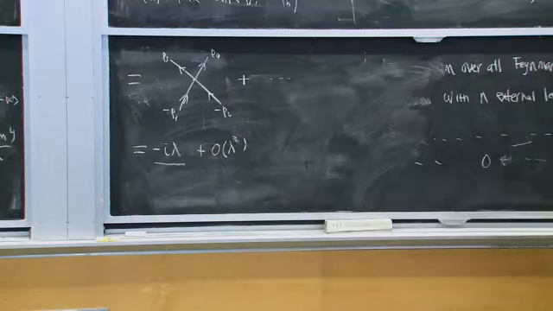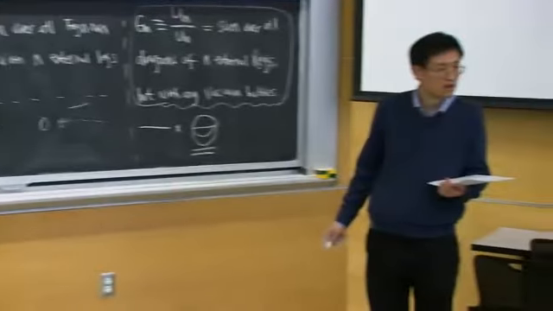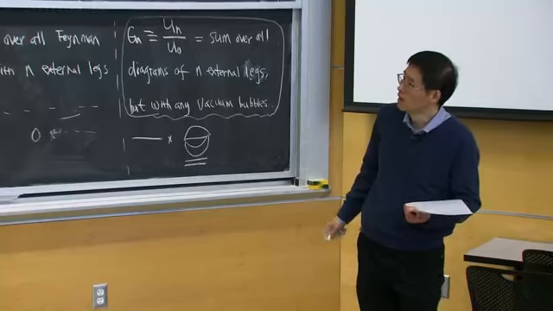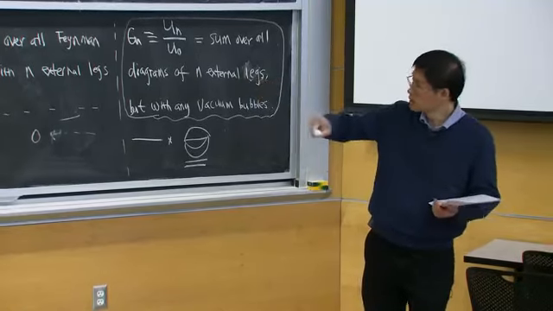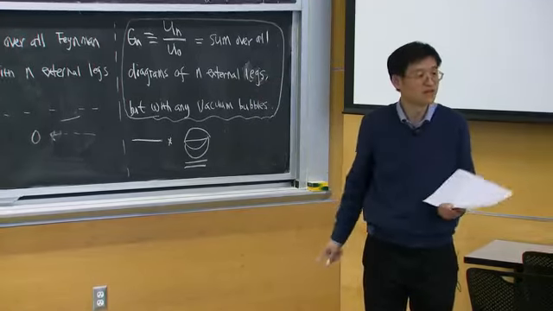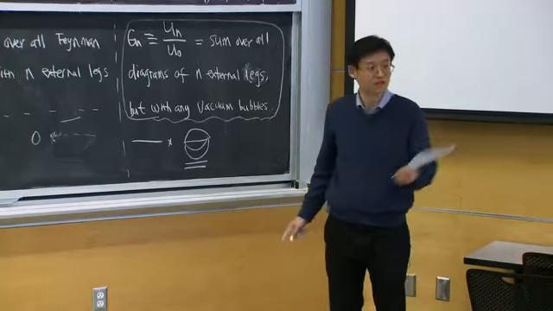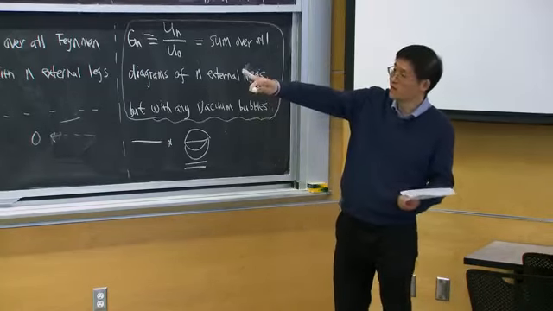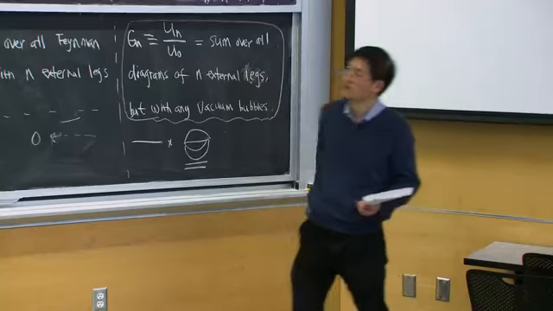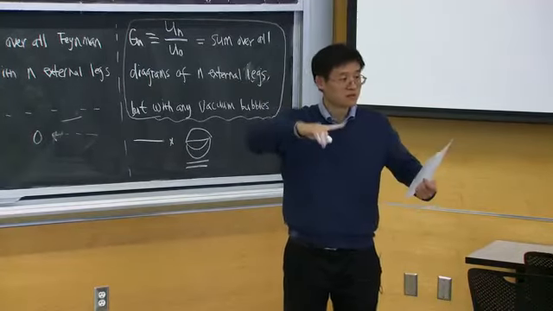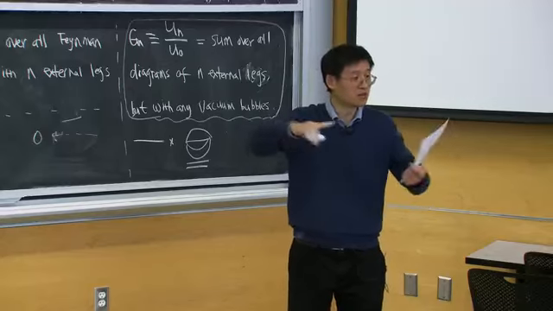Yes. Why did we not consider the other diagram, where one line is just propagating and the other has a loop? That's a good question, I'm going to mention that. That one does not correspond to scattering. It essentially corresponds to one particle propagating, because there's no interaction between the particles.